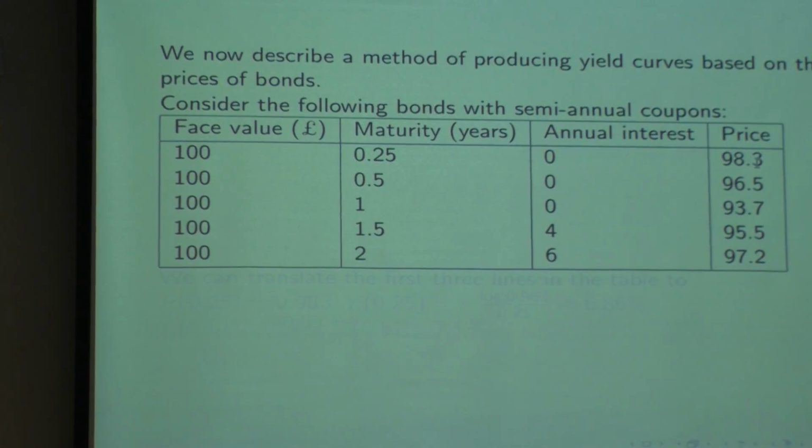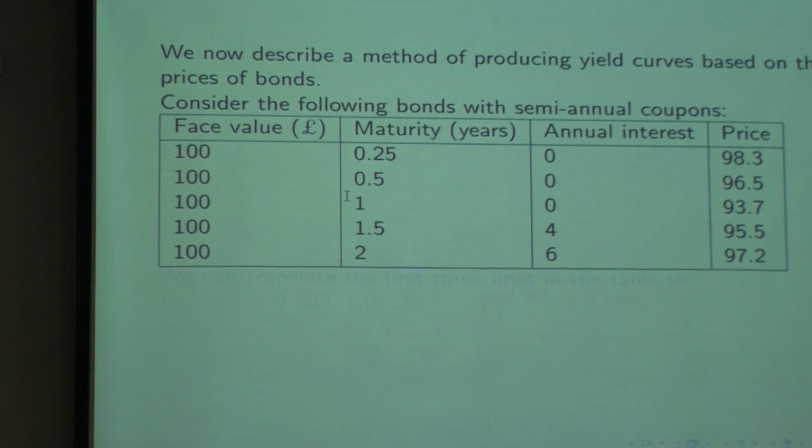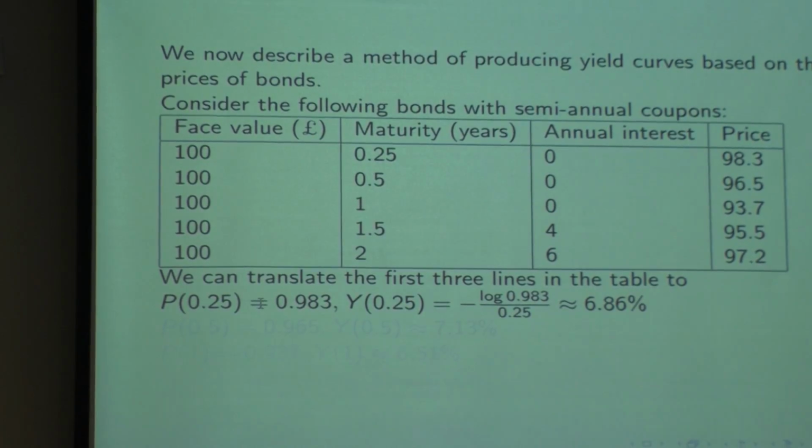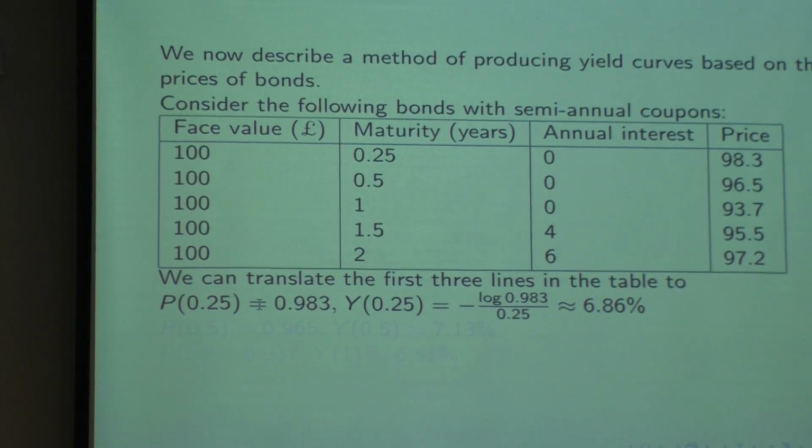So we can go to the first row and translate this immediately into p's and y's. What does it mean to say that the price of the first bond is 98.3? This is telling you that p of a quarter of a year is 98.3 divided by 100. Why is that?